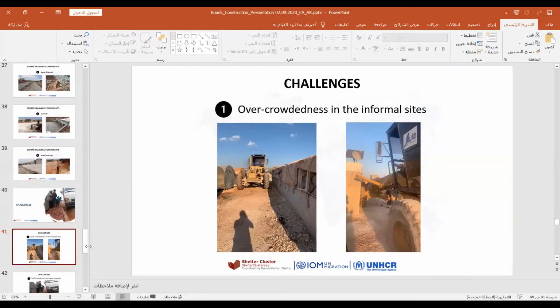The first challenge that we face is that the roads are very narrow inside the camp. Sometimes it is so narrow that it does not allow vehicles to pass.